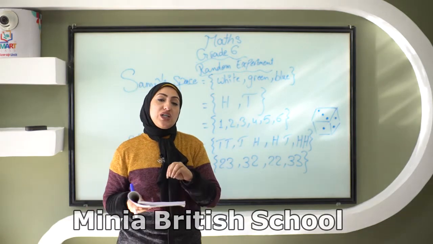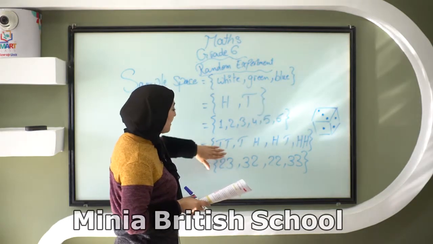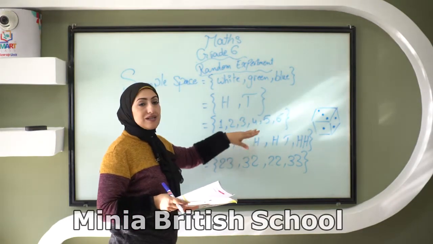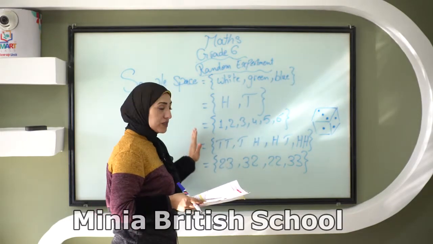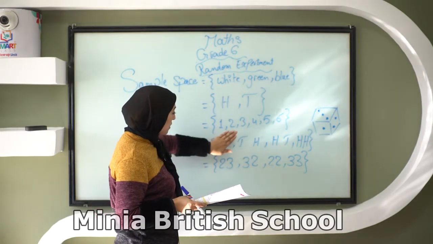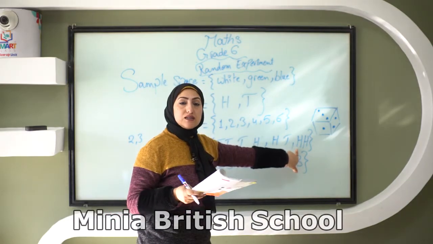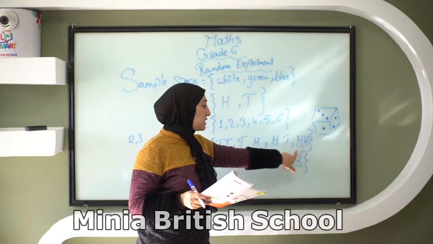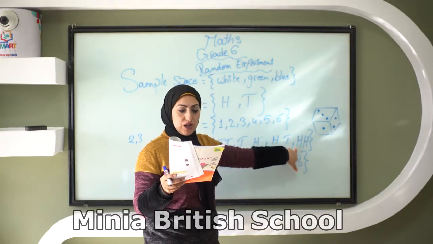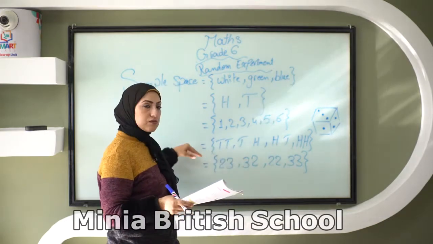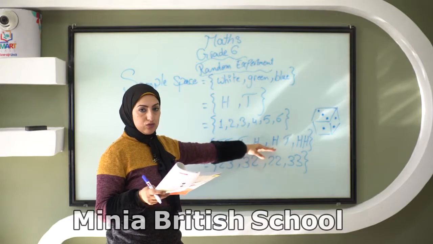When he puts a condition, I cancel anyone that has a tail. So it will be only head, head. This is the solution of number 2. But number 4, as we did, is all the possible outcomes.